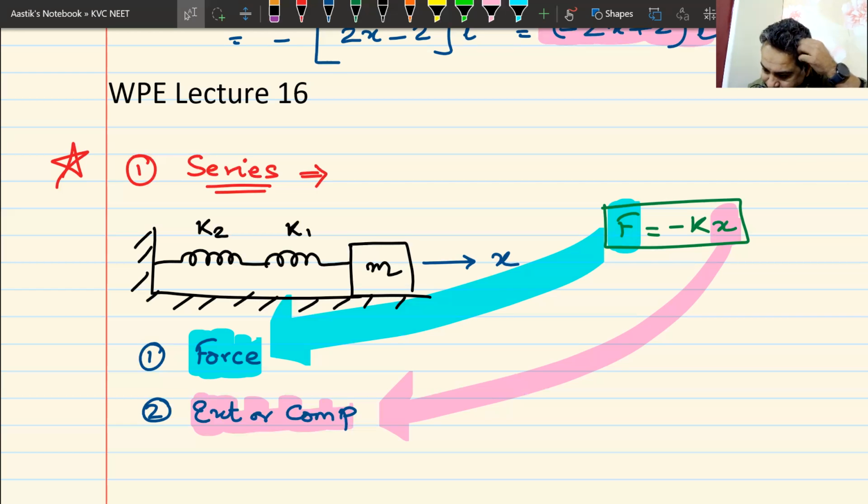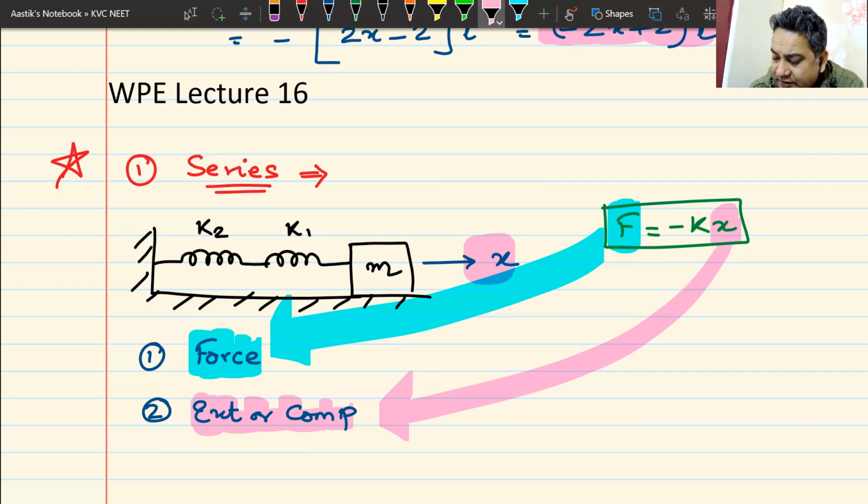Now, in this series combination of springs, as you can see, if I move this block by a distance x, do you think that the two springs also get extended by the amount x?